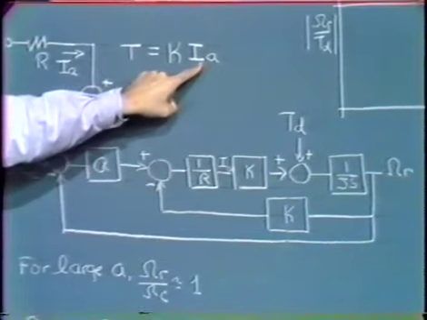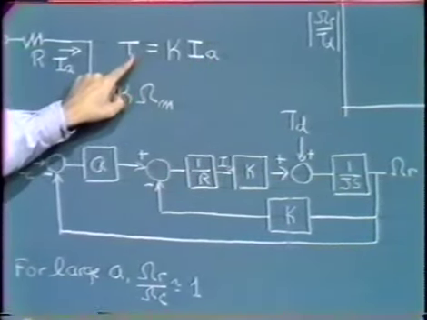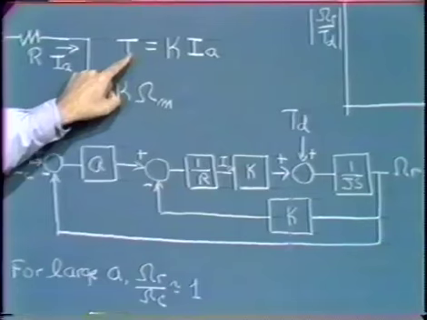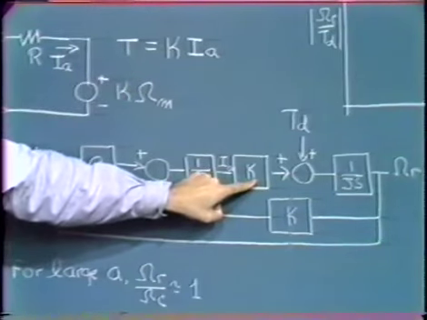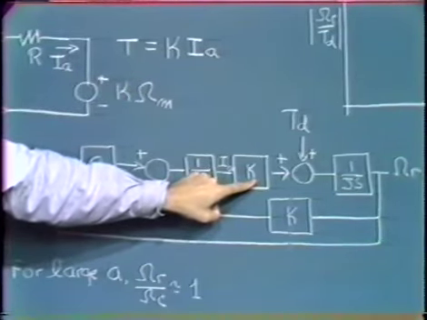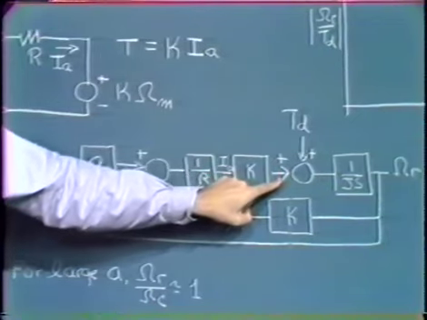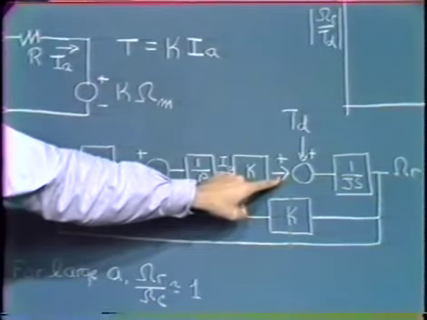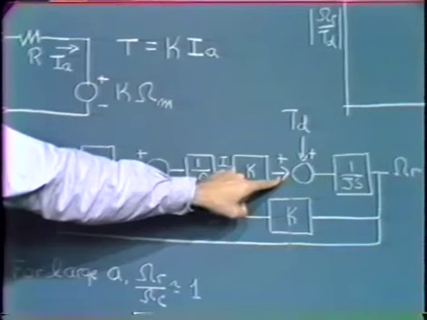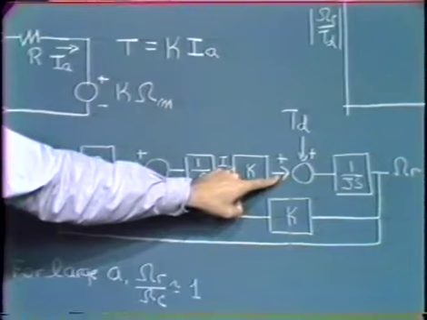Once we have the armature current, we can get the torque that the motor is supplying electrically simply by multiplying that armature current by the constant K. So at this point in the block diagram, we have the electrical torque being supplied by the motor, or the torque that's a consequence of the energy conversion process associated with the motor.